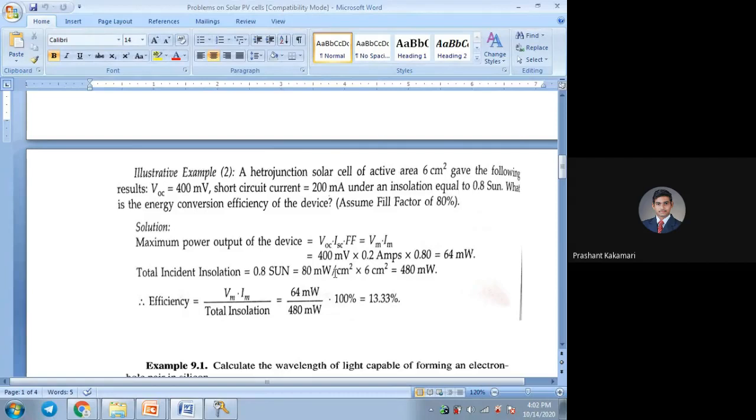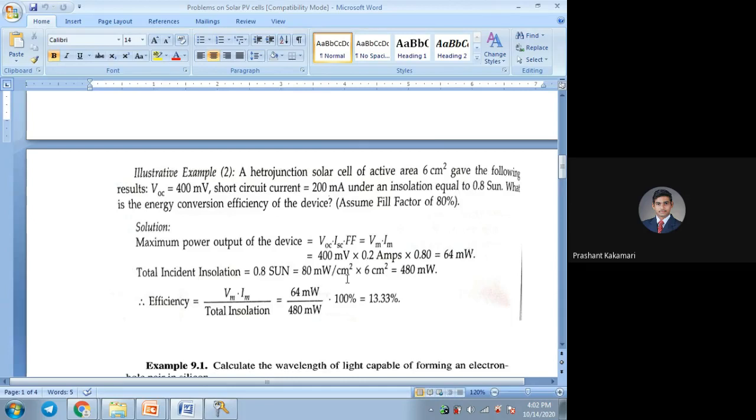So convert that into 80 milliwatt per centimeter square, because here 64 milliwatt is also there. So we need the solar radiation falling on the surface of 6 centimeter square. So we are multiplying this answer by 6 centimeter square. If you don't multiply by 6, then it will be for 1 centimeter square.